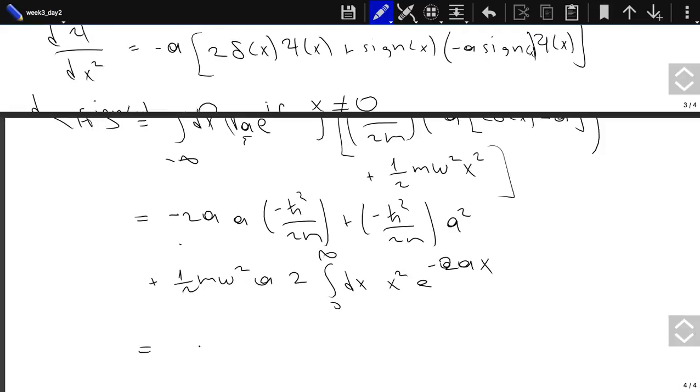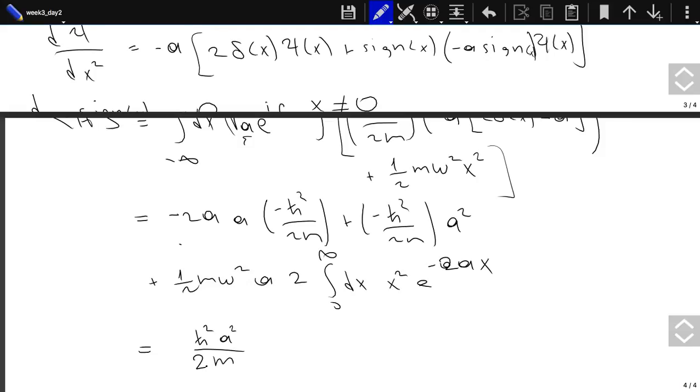This is equal to h bar squared a squared over m, the first term, plus the second term. The second term is h bar squared a squared over 2m with a minus sign.